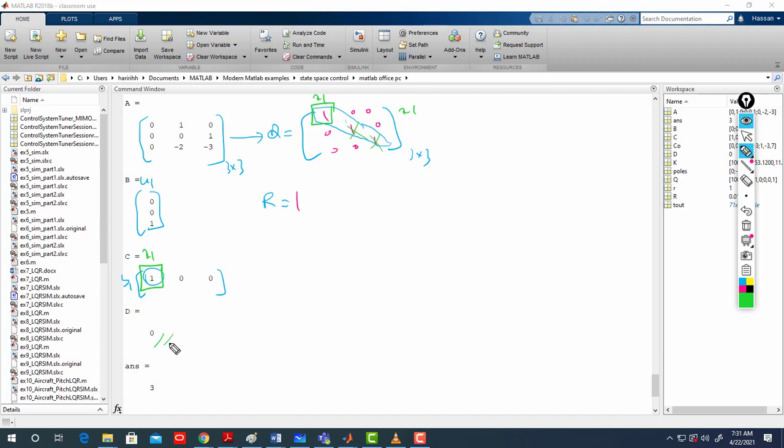Alright, and I have here d equals 0. So then you know your problem. You start with this Q and this R. Check the controllability of the system first.